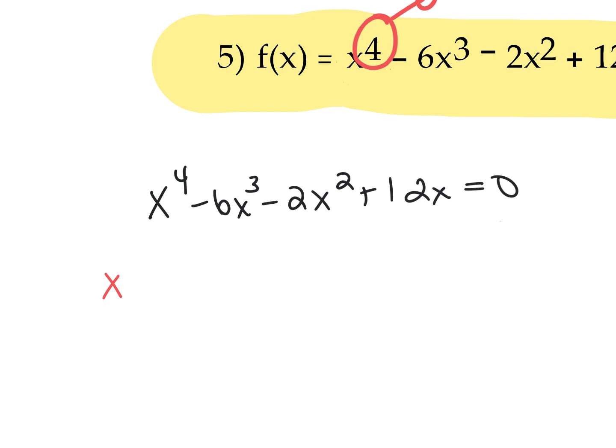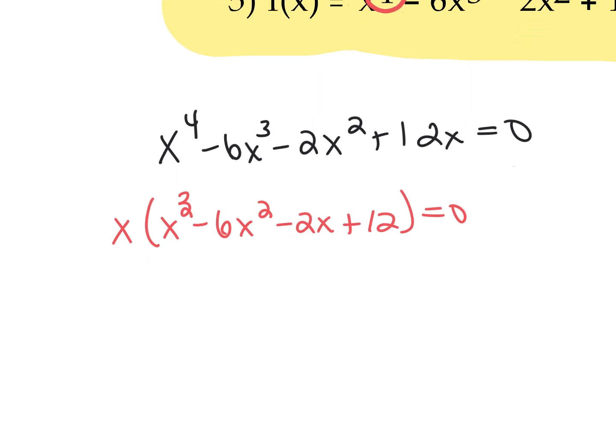Guys, what's the highest exponent you see? 4. How many answers should I get? 4, okay? So this leaves me with x cubed minus 6x squared minus 2x plus 12. Agreed? Now that you have 4 terms, what do we do? We group, okay?